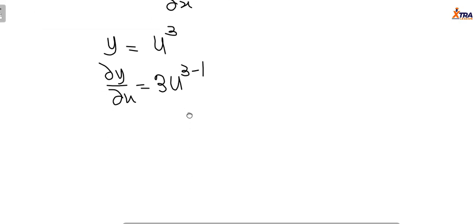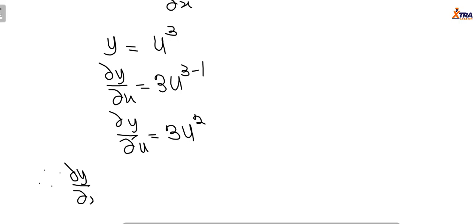So we have dy over du equals 3u raised to power 2. But dy over dx, which is the derivative that we are looking for, equals dy over du times du over dx.